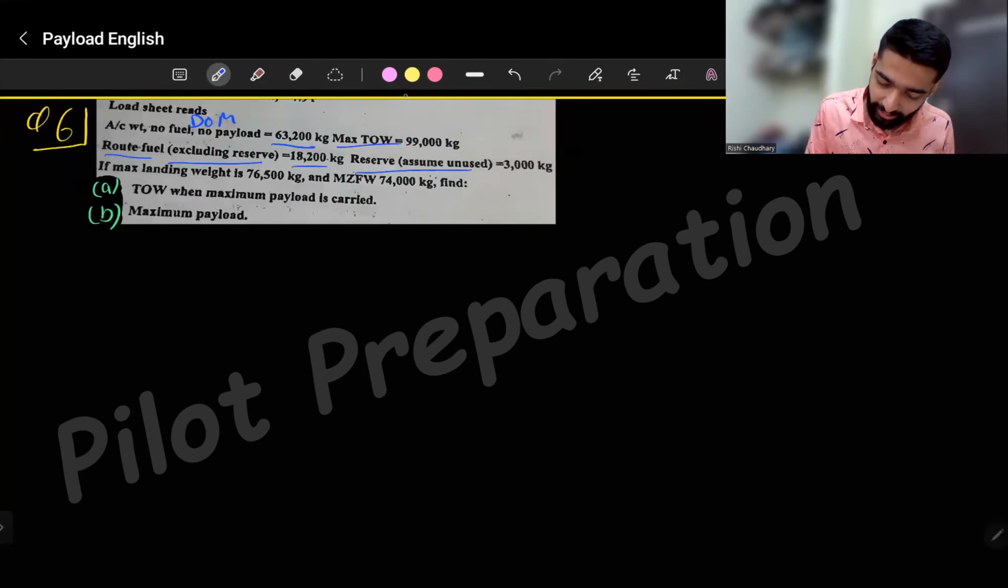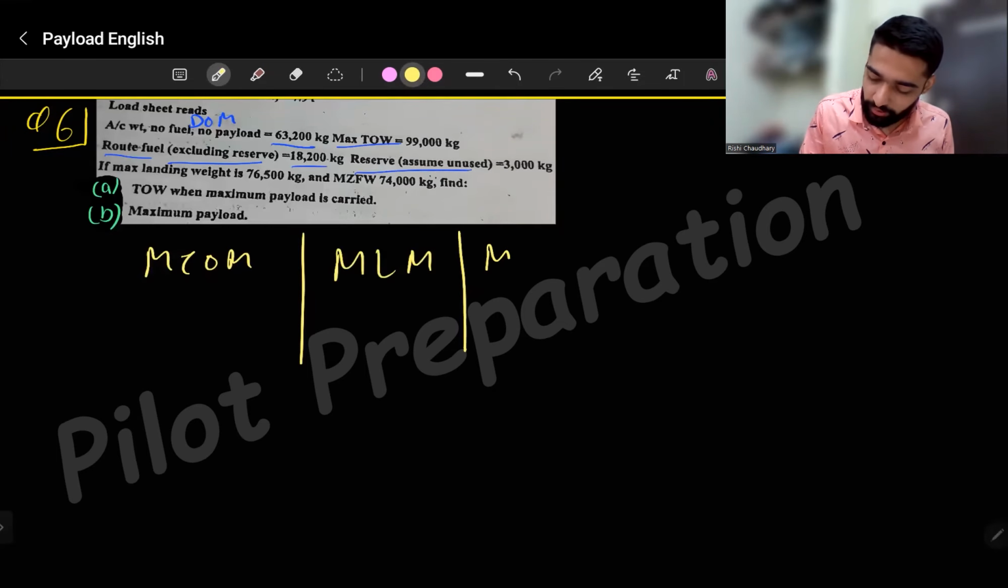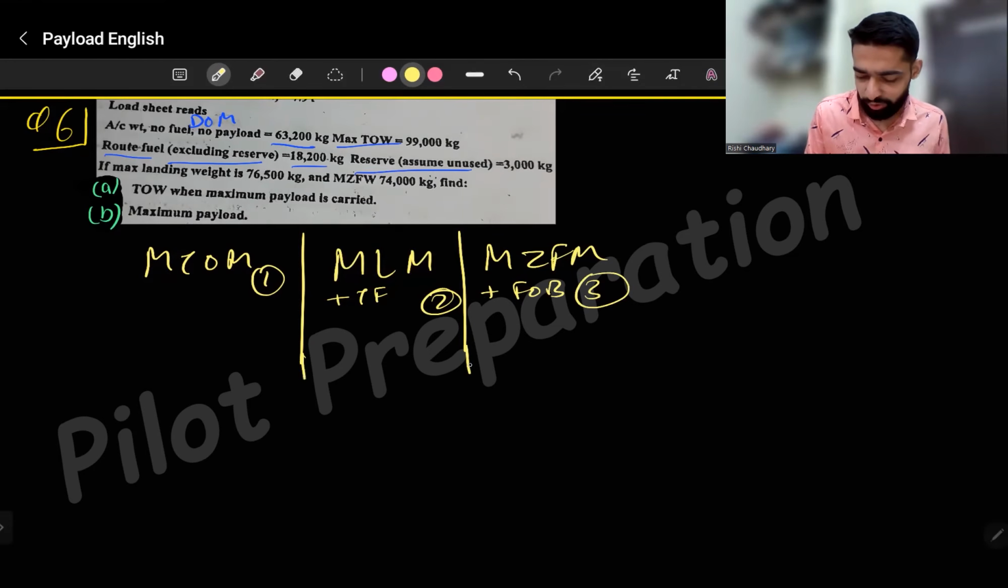So what I know, I have my MTOM, I have my MLM, I have my MZFM, right? I have my MTOM, and this will be trip fuel, this will be FOB, correct? So this is my first value, this is my second, this is my third value. I will use this type of setup every time because it is very easy and very useful as well.